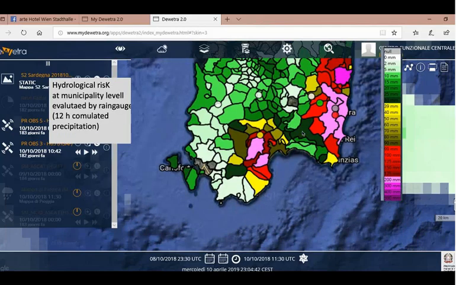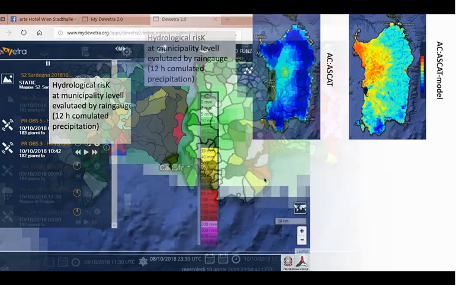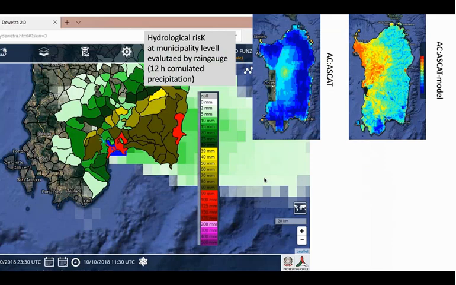And this is the comparison with the rain gauges at municipality level, so the rain gauge precipitation aggregated at the municipality level. Here we have more municipalities in red, so at a higher level. So this is the part where we had the maximum level from satellite precipitation.